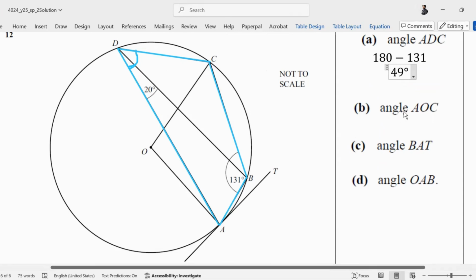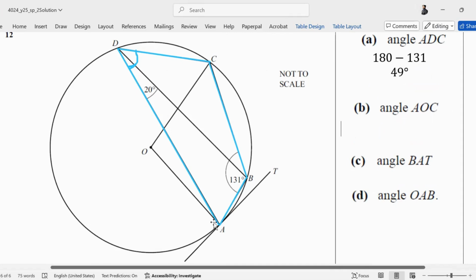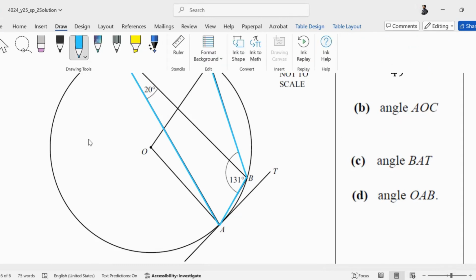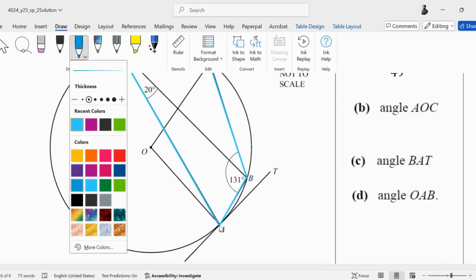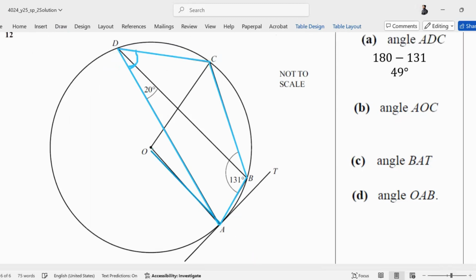Now, AOC. Again, we just figured out that the lines coming out of A and C are meeting at D, which is the circumference. So when the same two lines, one from A and the other from C, meet at the center, the angle will be double the angle at the circumference.